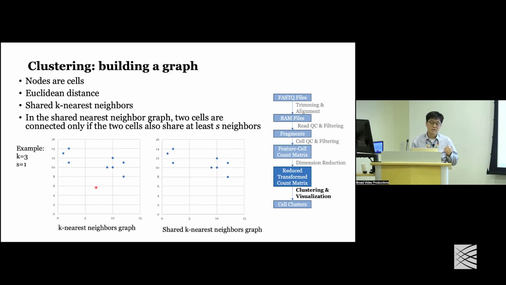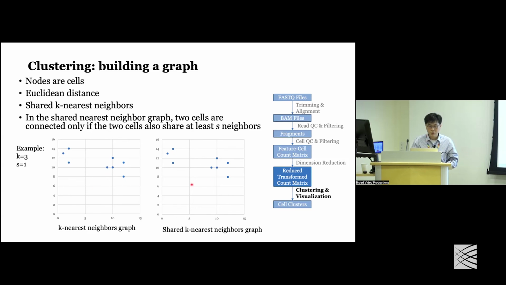For each cell, you connect the k neighbors that are closest to that cell in that space. Shared k nearest neighbors has one more criterion: instead of connecting all the k neighbors, you only connect two cells if these two cells also share neighbors in this k nearest neighbor space.